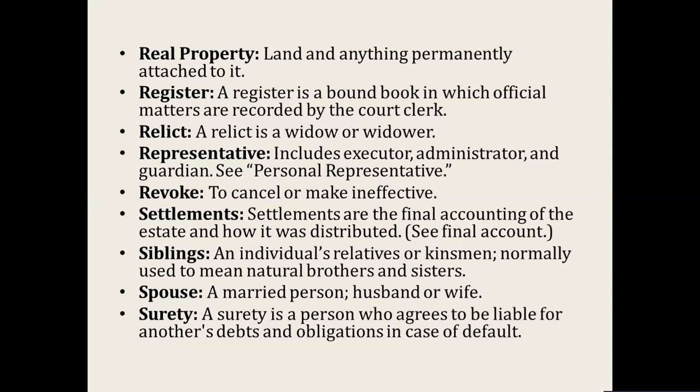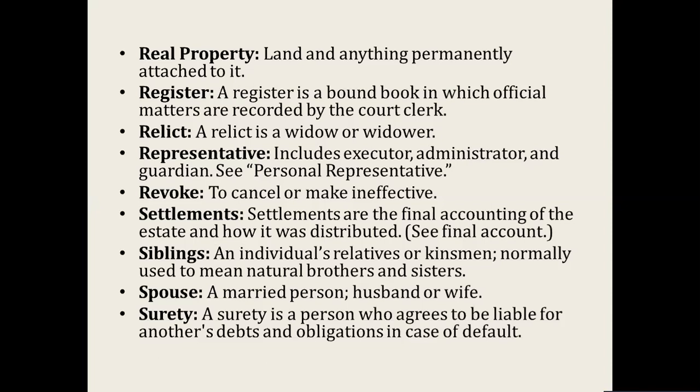Representative includes the executor, administrator, and guardian, also personal representative. Revoke is to cancel or make ineffective. You can find records in the courts where they revoke their last will and testament and then proceed to make a new one.